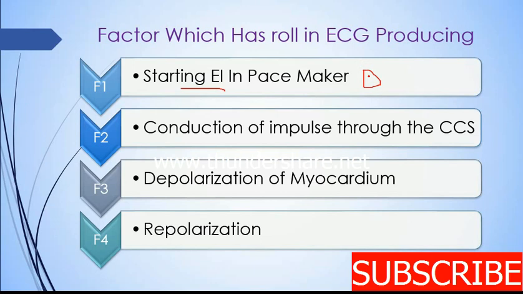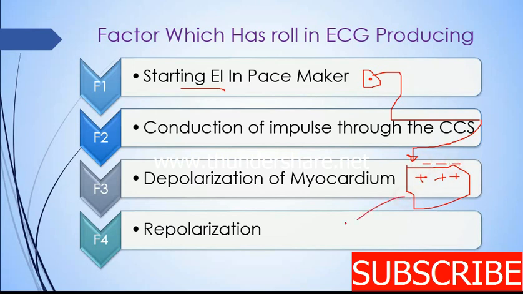when electrical impulses are produced in the pacemaker, they should conduct through the His bundle and then come to the myocardium. In the myocardium it causes depolarization, meaning the charge location changes.